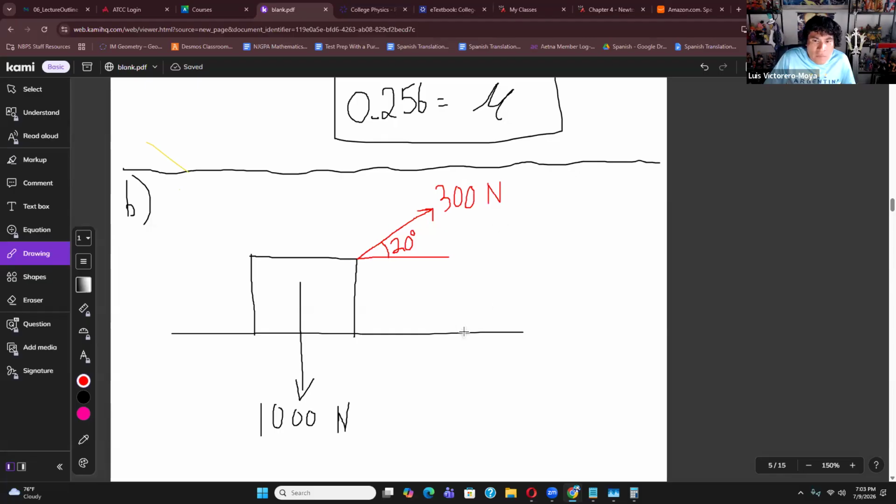And then mu is this mu, right? So this is mu equals 0.256. So you want to find the acceleration.